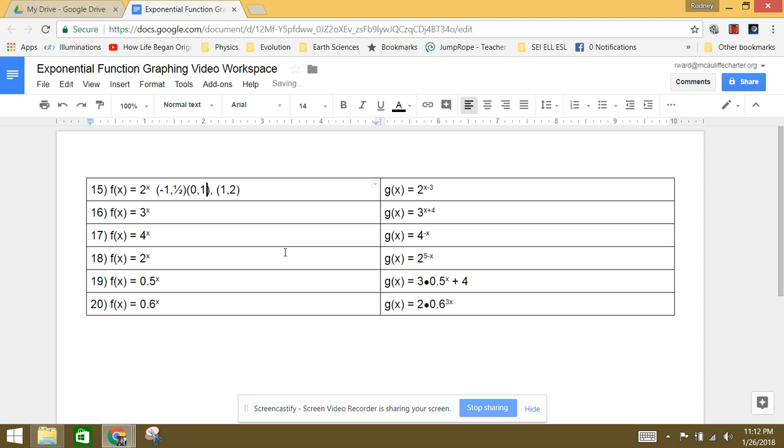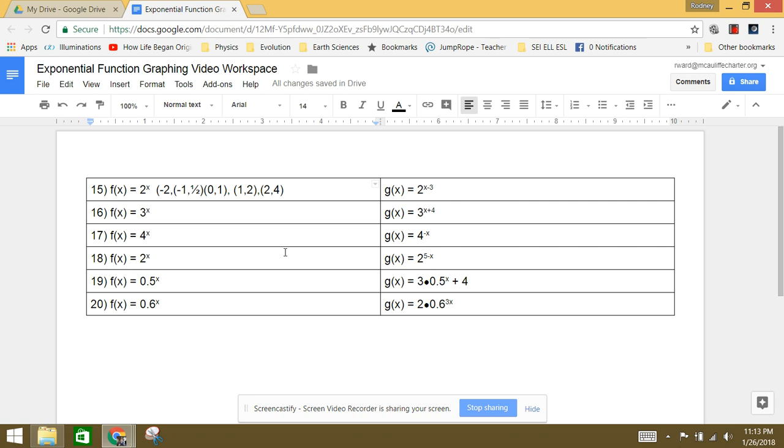It's not a very hard step to then also get points for -2 and +2. 2 to the second power is 4. X is 2, y is 4. And on the other side, 2 to the -2 power is going to be the reciprocal of 2 to the second.